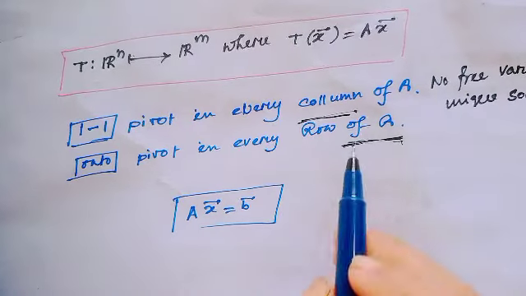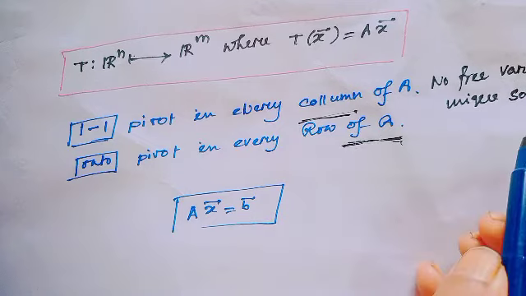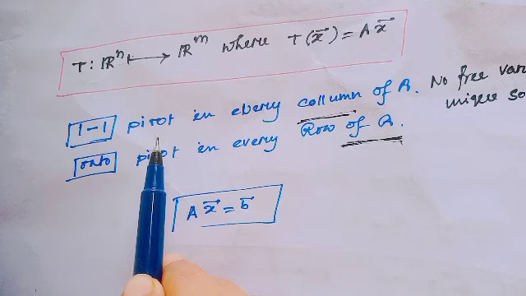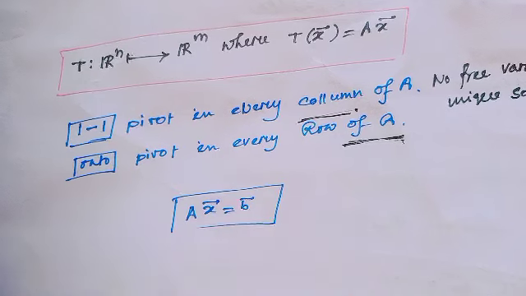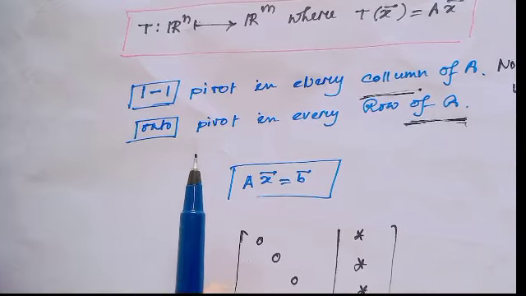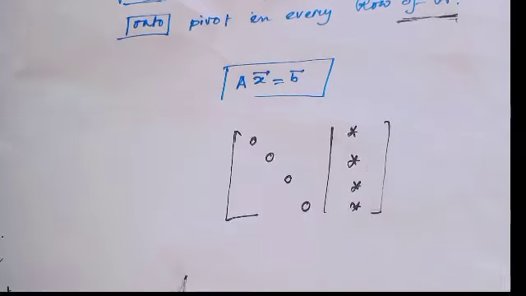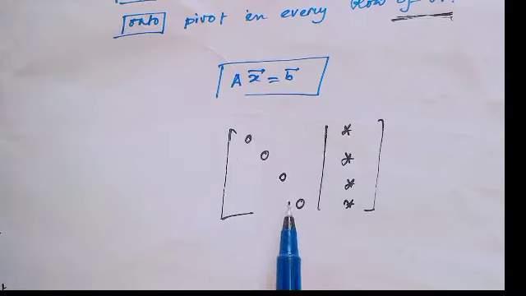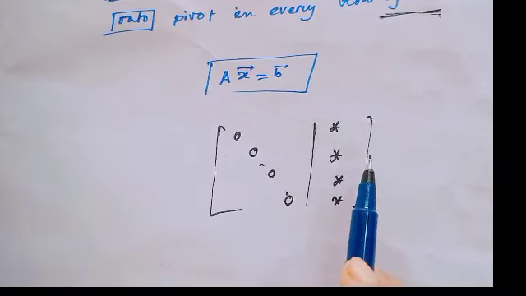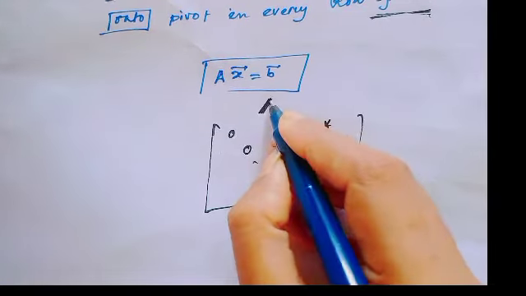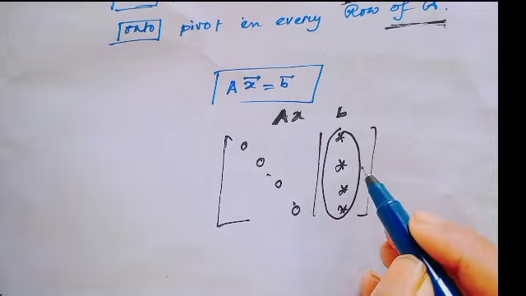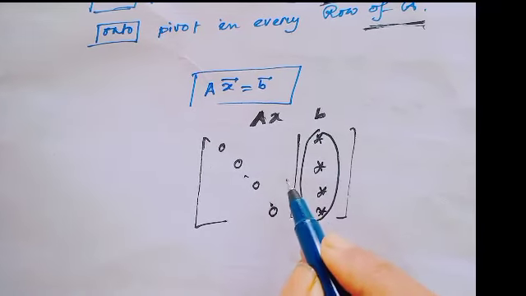So when every column is pivot, since there exists only a unique solution, the transformation is always 1-1. A pivot in every row of the matrix implies the map is onto, because when each row is pivot, for every vector b from the output space there always exists an input vector x.